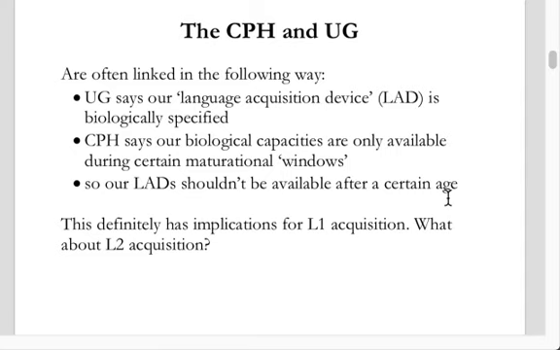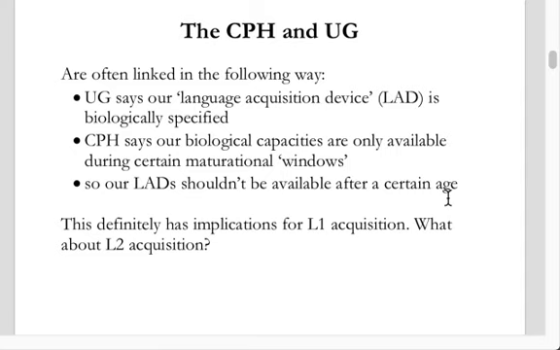UG says that our language acquisition device is biologically specified, right? This goes back to the Noam Chomsky reading we did earlier this semester. The idea that your manner of learning a language, the kinds of biases and the kinds of predispositions that you bring to bear on learning a first language are part of the universal human genetic endowment.